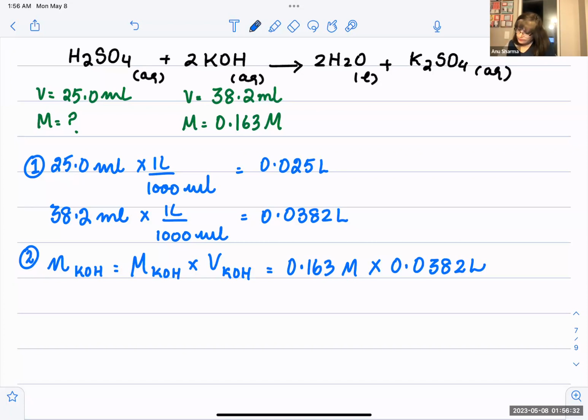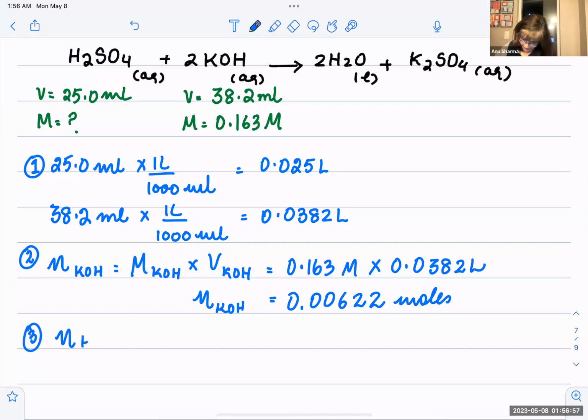Okay, let's do this. 0.0382 times 0.163, and you get the moles of KOH, and that is 0.00622 moles. Okay, next you find the moles of H2SO4.